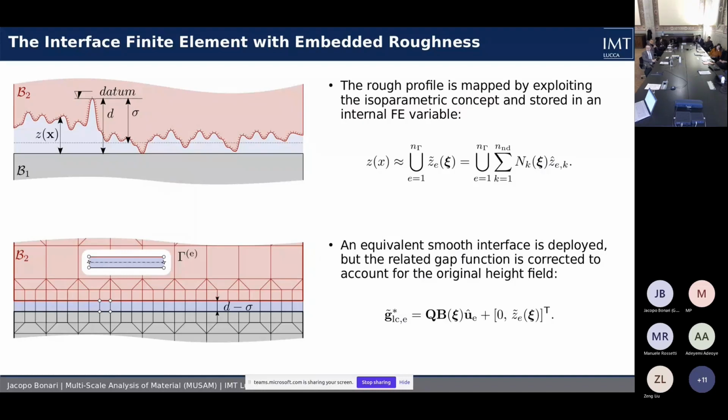So basically we have this quantity here, which is related to the normal gap between these two points in the, let's say, simplified configuration, which is then corrected to restore the original height field.